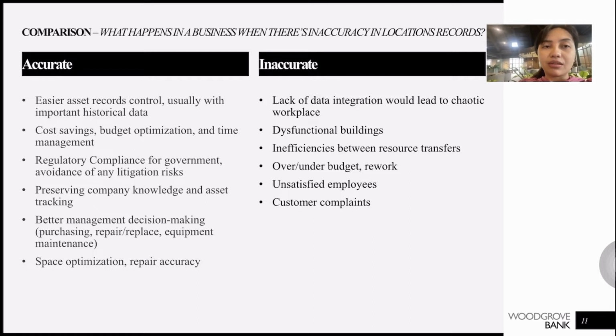Therefore, it will lead to inefficiencies in resource transfers from one location to another. It will also cause over or under budgeting due to reworks, ultimately leading to unsatisfied employees and, worse, a high number of customer complaints.